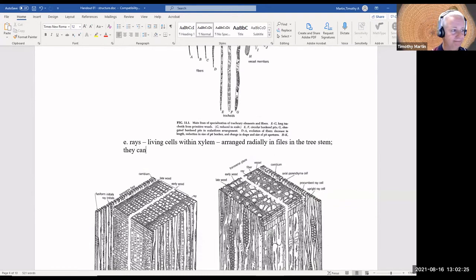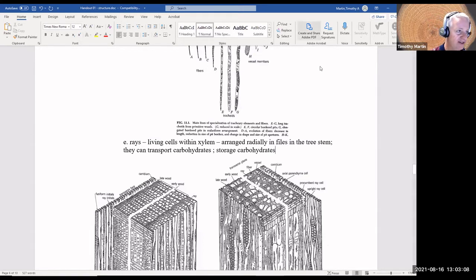They can transport carbohydrates, for instance, from storage out to the vascular cambium or inward towards epithelial cells within the xylem. They also importantly can perform storage, especially for carbohydrates, within the stem. So it's those living cells in the ray cells that can serve a storage function. So rays are arranged radially.